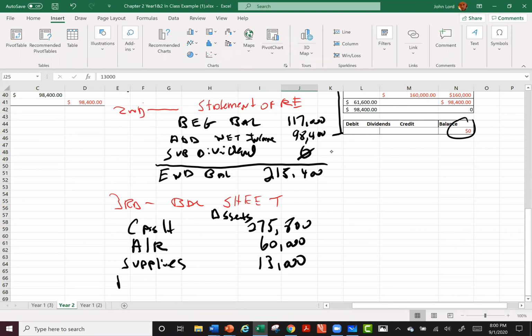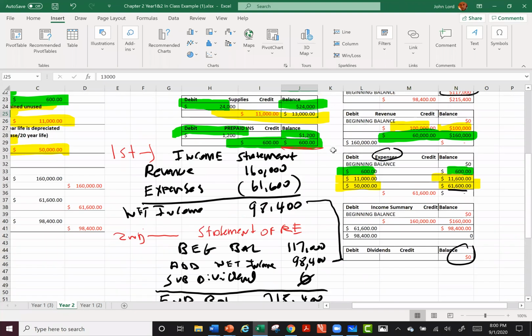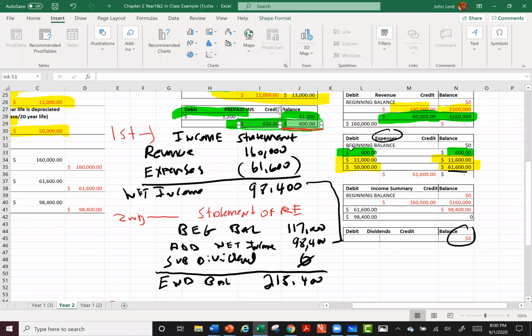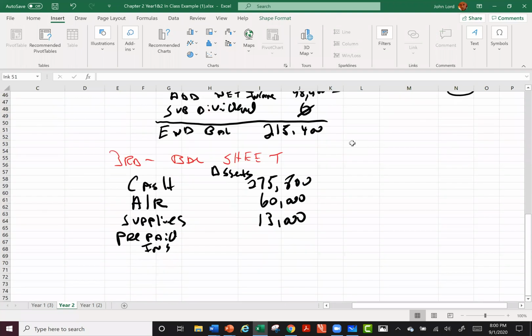Do I have any insurance left? I got 600 prepaid insurance left, right? Right there. So prepaid insurance is 600. Okay, good.